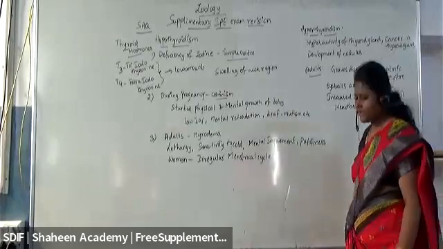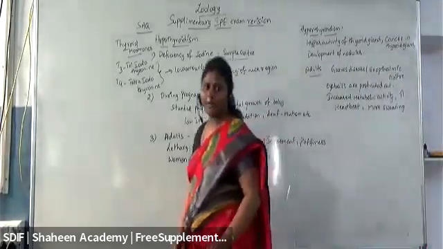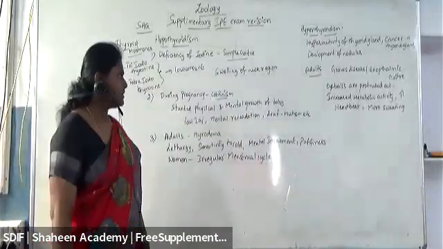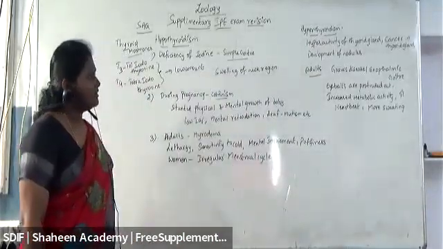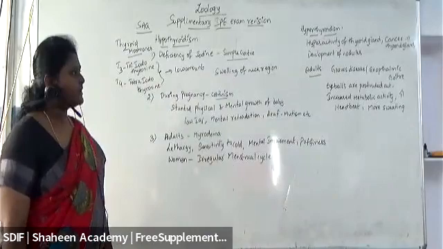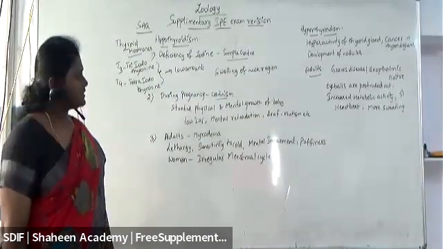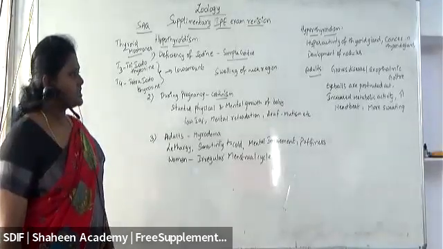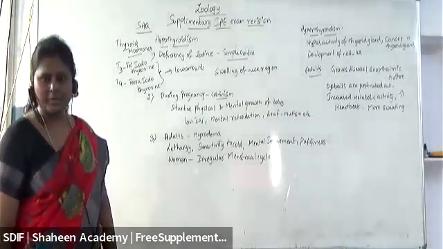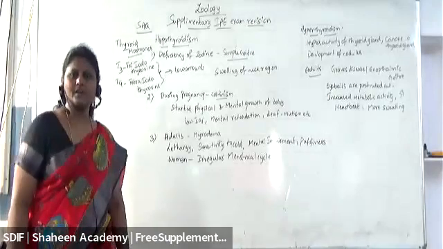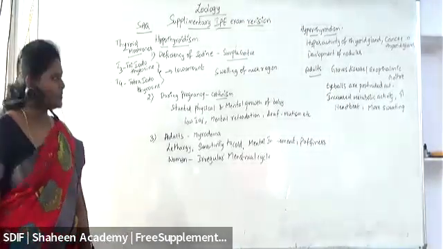So hyperthyroidism is because of what? Hyperactivity of thyroid gland. Then it is due to cancer in thyroid gland or development of nodules in thyroid gland. And the characteristic disease is what? Graves' disease or exophthalmic goiter. Hyperthyroidism in adults cause Graves' disease or exophthalmic goiter.